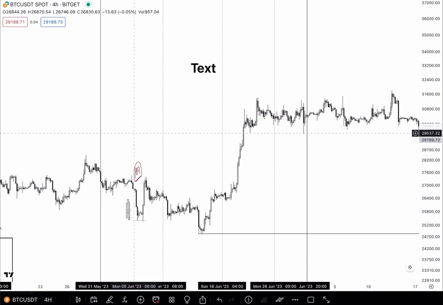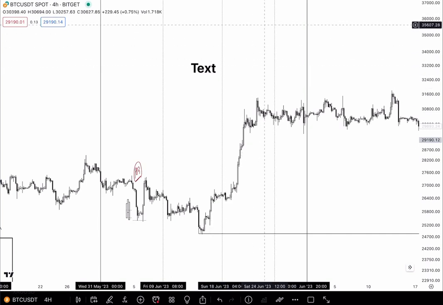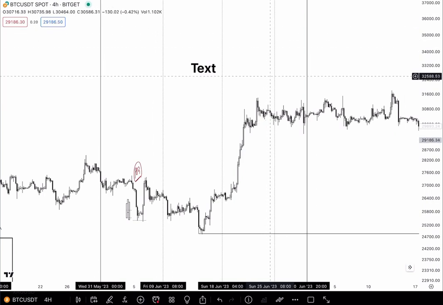Then you can expect a range to form, which will have week 1, accumulation, week 2, manipulation, week 3, distribution, but not exceeding the opposing end. It's not accelerating towards the opposing end of the expansion.